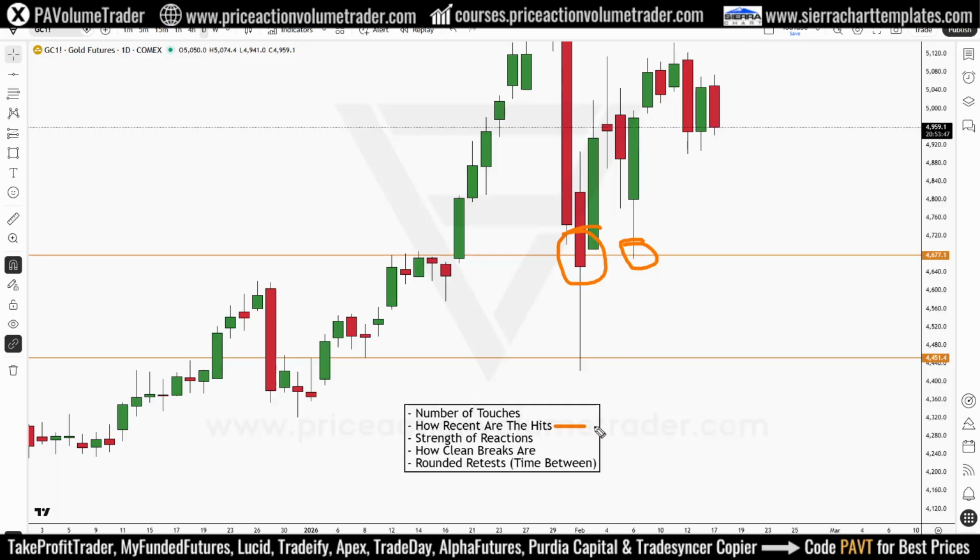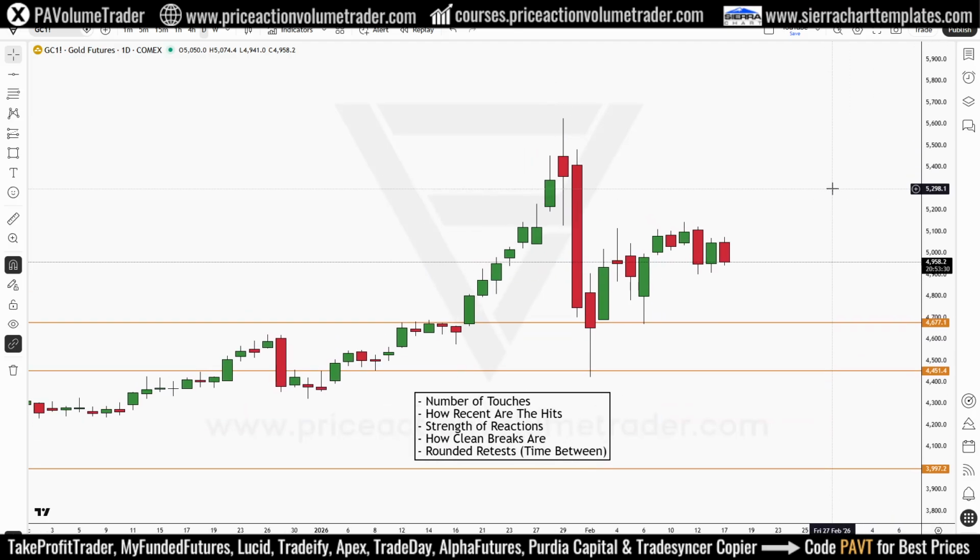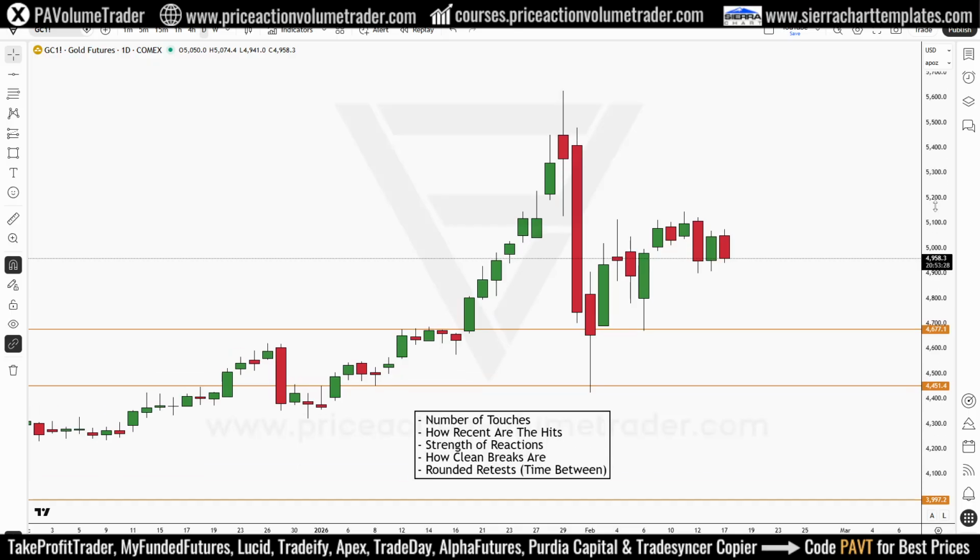So this recent hit has been a confirmation that this level, even though it was traded through here, is still getting respected on future visits. So that's why this is still considered, for me, a very valid daily level. Okay?